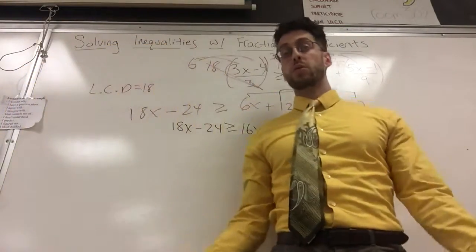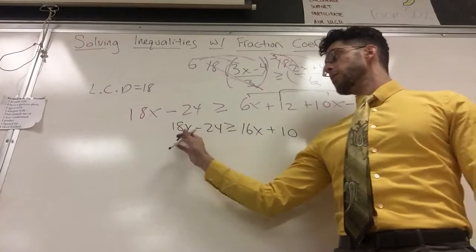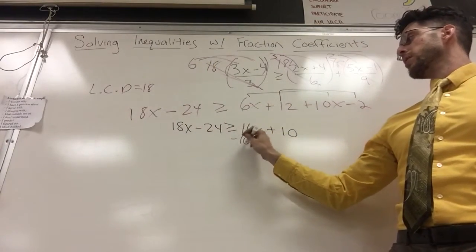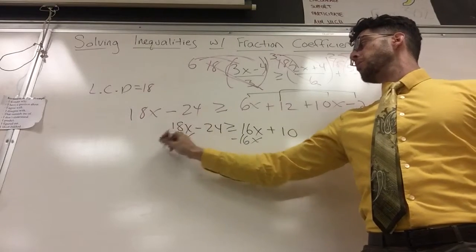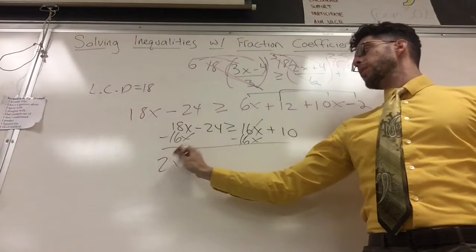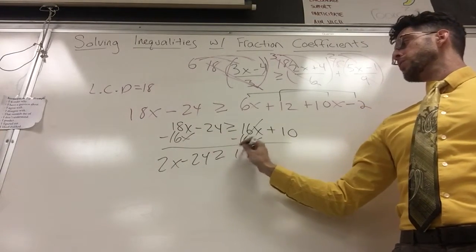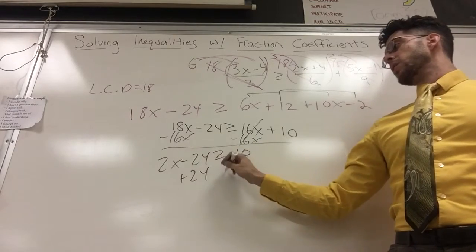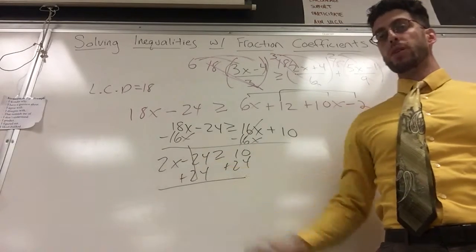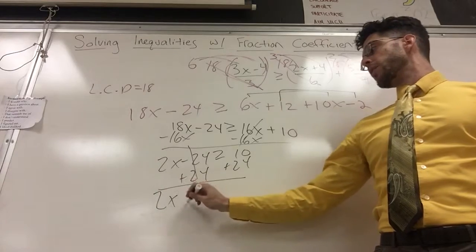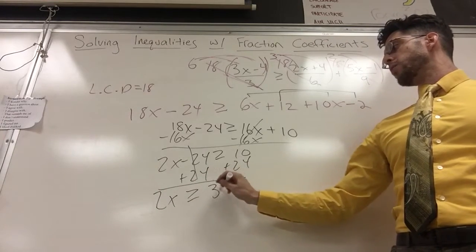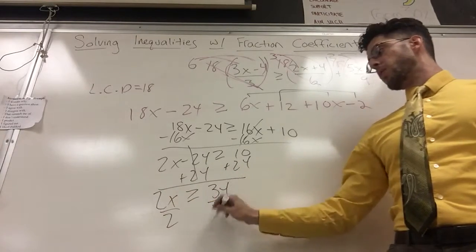Good? You should know what to do from here. I want a variable on one side, not both sides, so I'm going to subtract 16x on both sides. This gives me 2x minus 24 is greater than or equal to 10. Oh boy, now look how easy that is. It's a two-step equation. 2x drops down, greater than or equal to 34. Divide by 2, divide by 2.